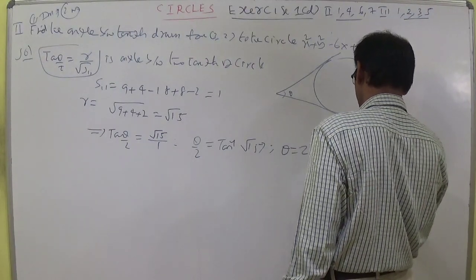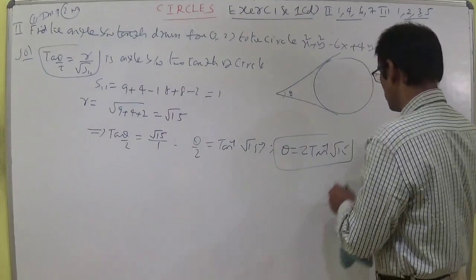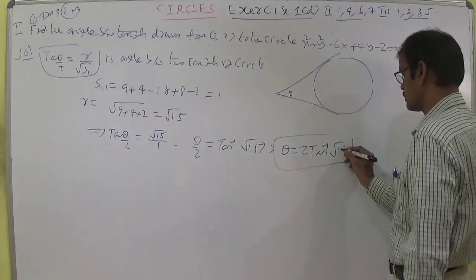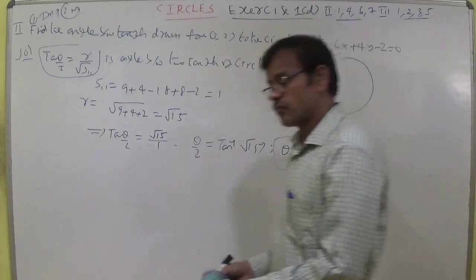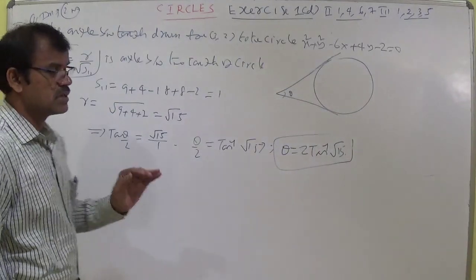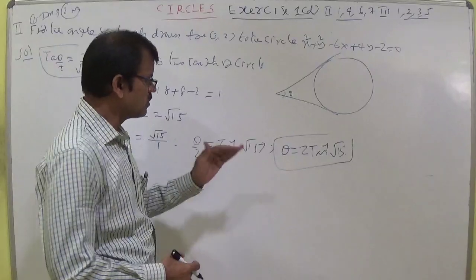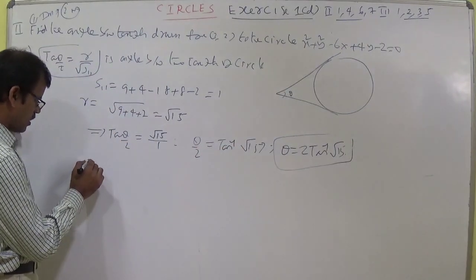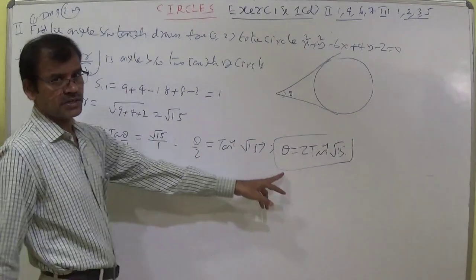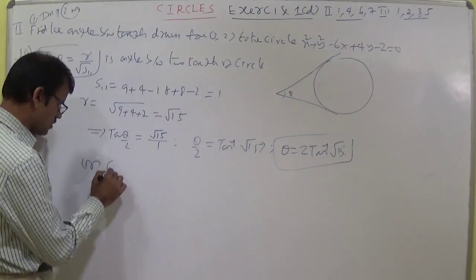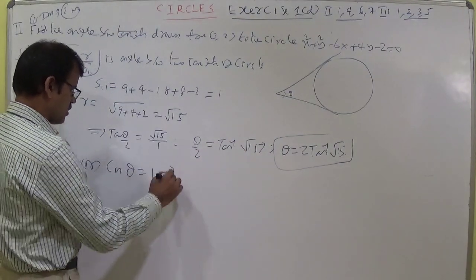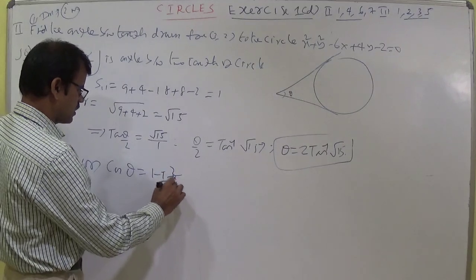This is the way to write the angle between tangents of the given circle. If the answer is given in cos theta, then you should use the formula. If you want to check the answer, you write the formula like this.